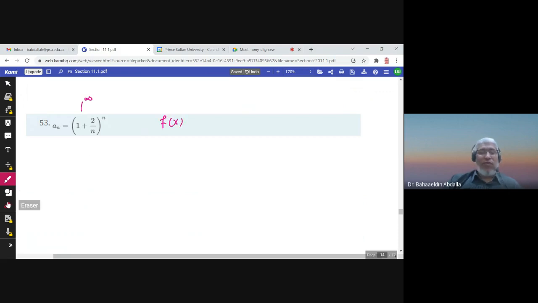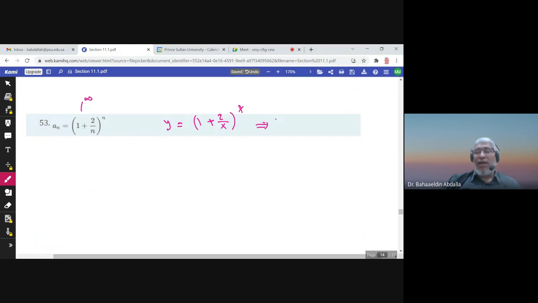So f of x or y, I'll call it y, equals (1 plus 2 over x) to the power x. I need to find the limit of this function when x approaches infinity. But this will give me 1 to the power infinity. How to deal with this?